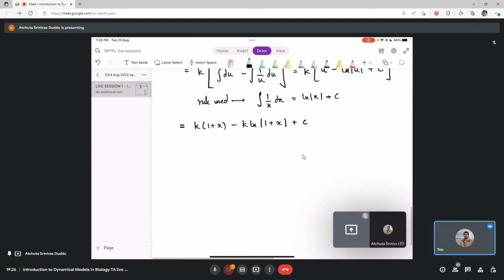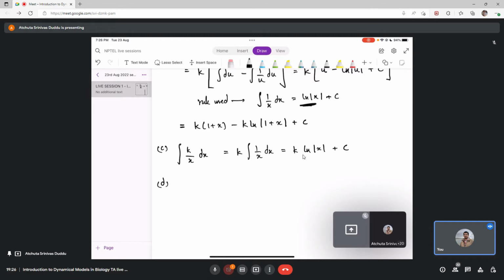Now going on to the c, we have the integral of k by x dx. It's exactly the same rule which we have used before. So again, bring k out of the integral, k times the integral of 1 by x dx. As we have seen in the rule here, that would be k times ln mod x plus a constant, right?